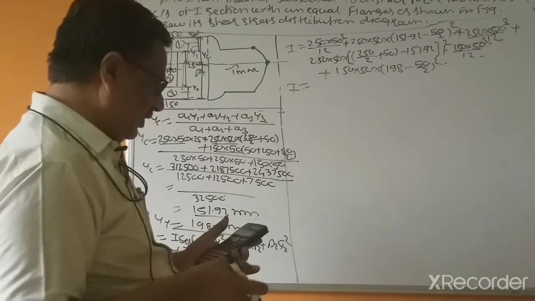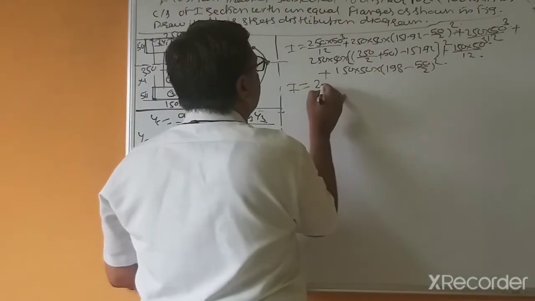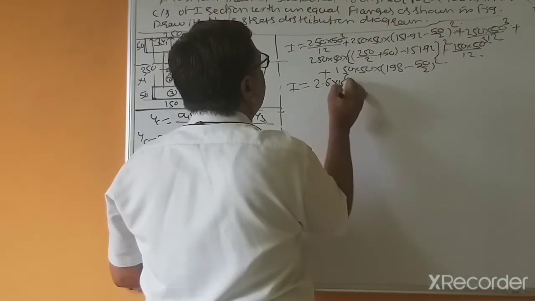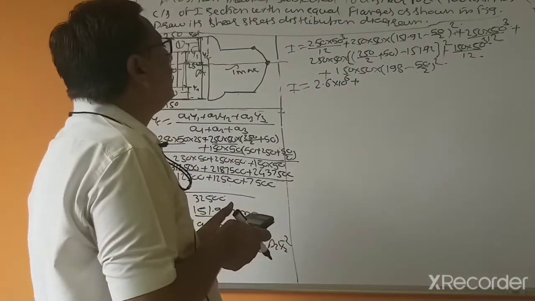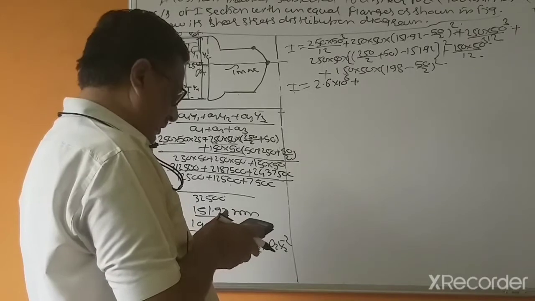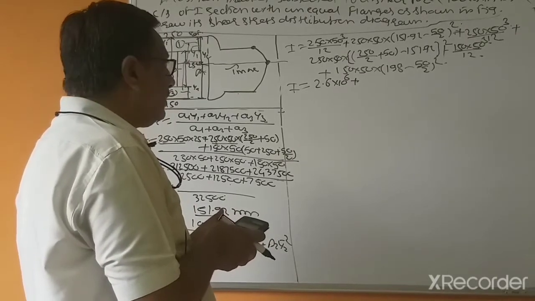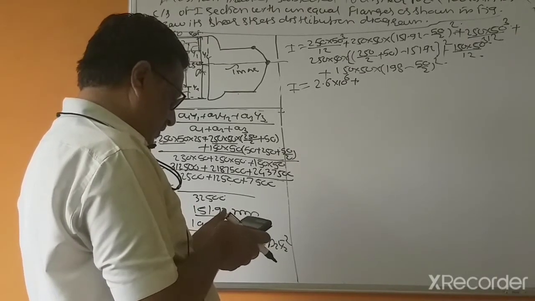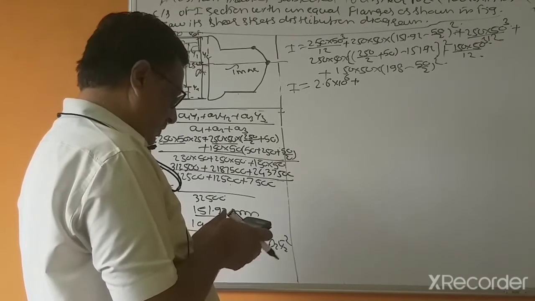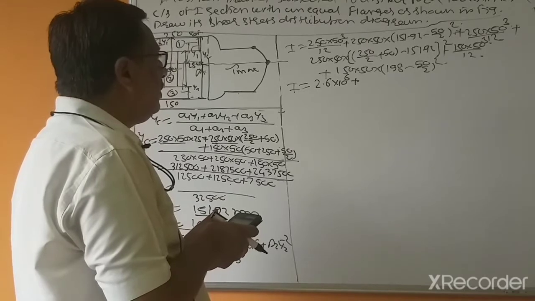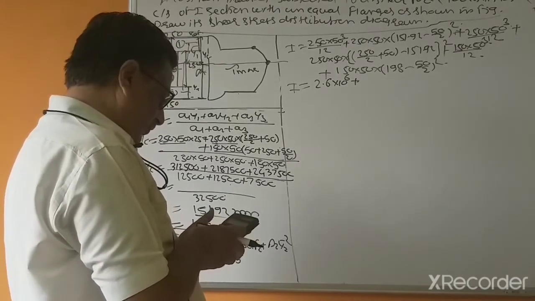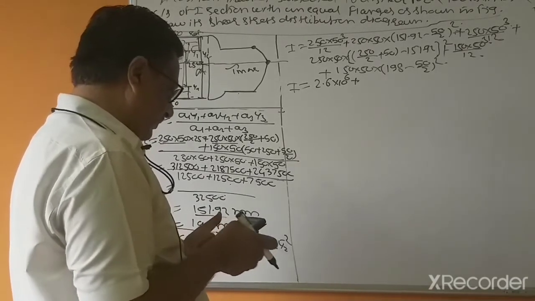This is equal to 2.6 into 10 to the power 6. Next, 151.92 minus 25 square multiplied by 250 multiplied by 50.